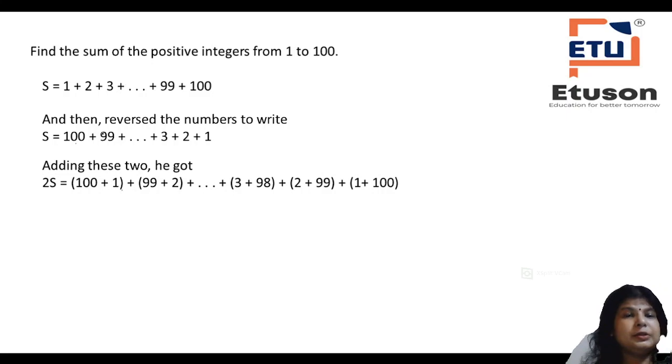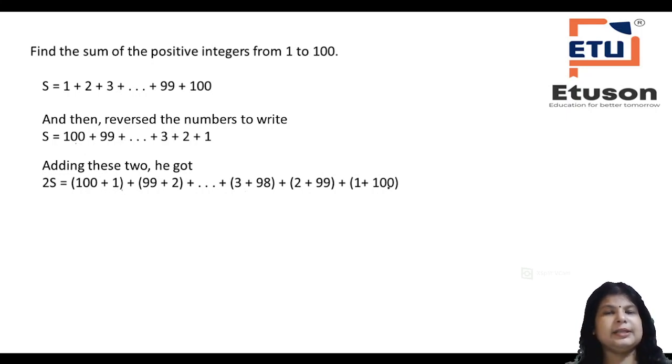Then 98 plus 3, then 97 plus 4. As you can see, if this summation process continues, the first term within the bracket keeps on decreasing and reduces to 1, and the second term within the bracket is increasing and reaching 100.